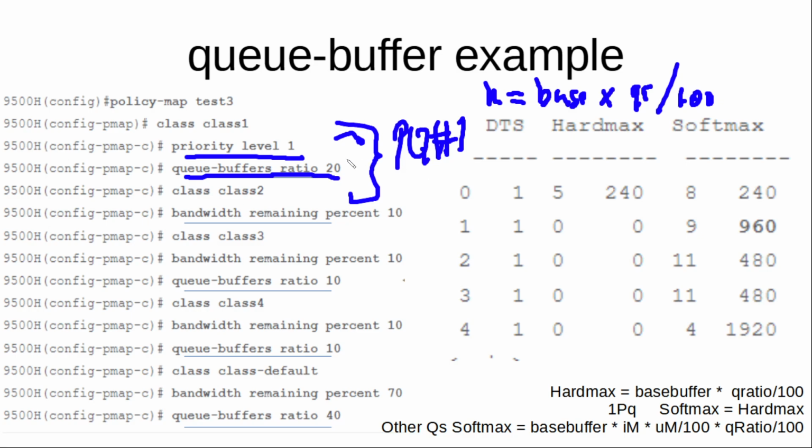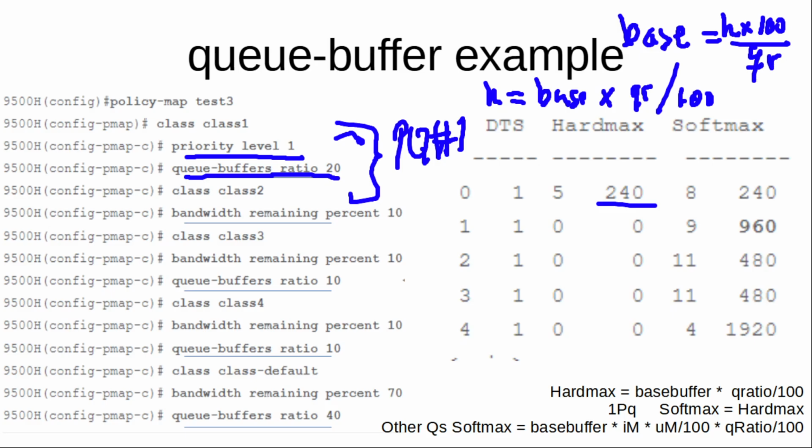Using that internal formula, the operating system finds that the HARDMAX value is 240. With this value we can figure out the base buffer: base buffer equals HARDMAX times 100 divided by the Q ratio.